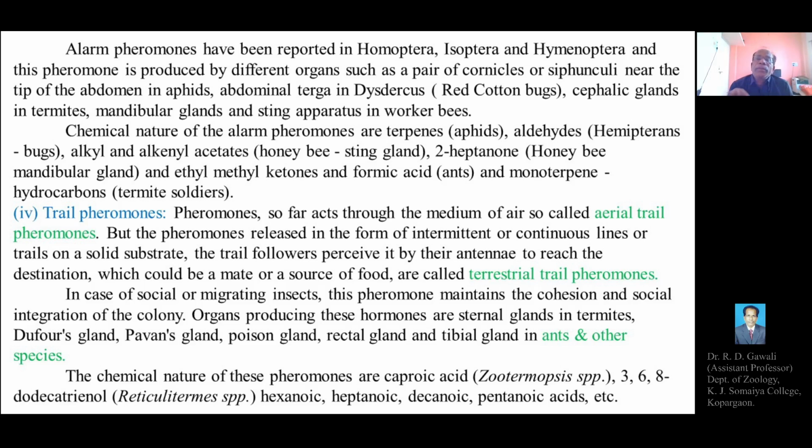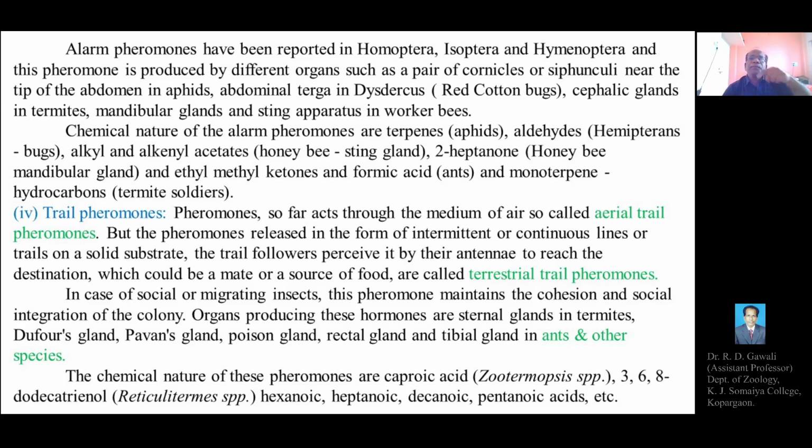Other members of the same species can get the idea by their sense organs or olfactory organs like antennae, and will pursue the particular chemical sense in the form of a trail and follow the particular insect which has released the respective pheromone in the form of a trail behind.